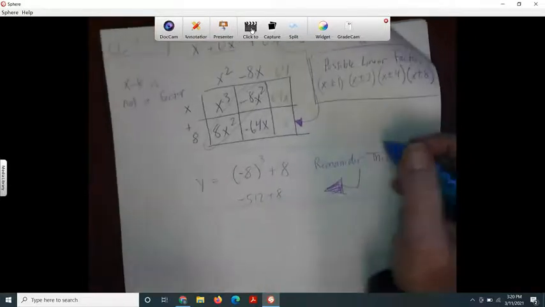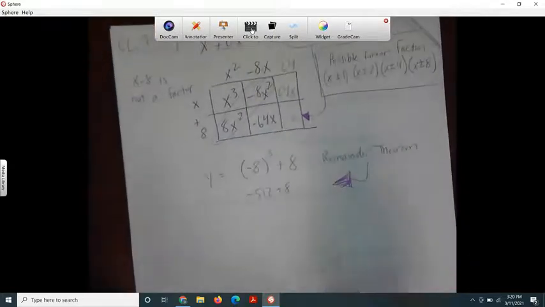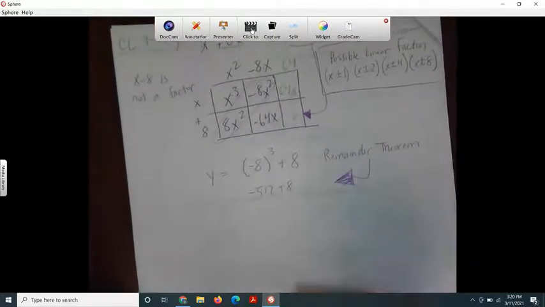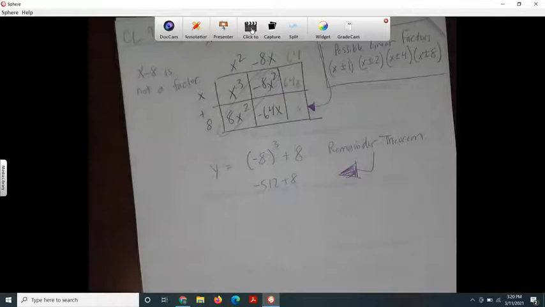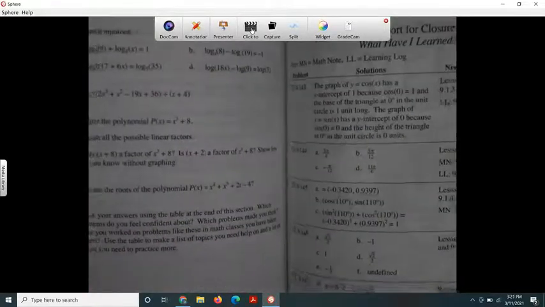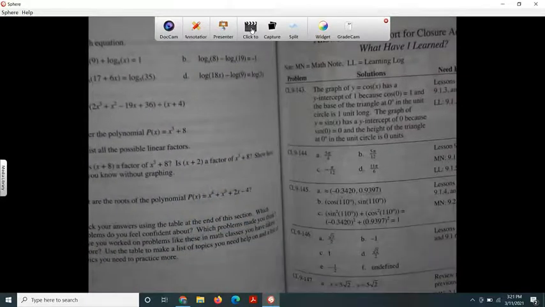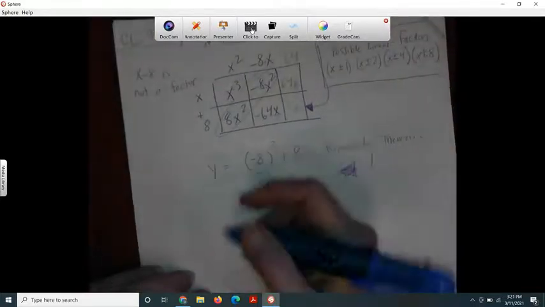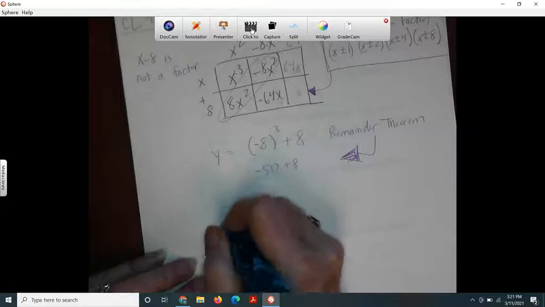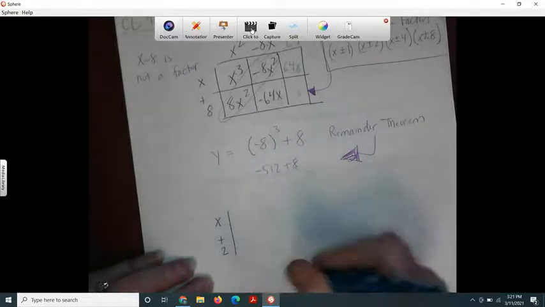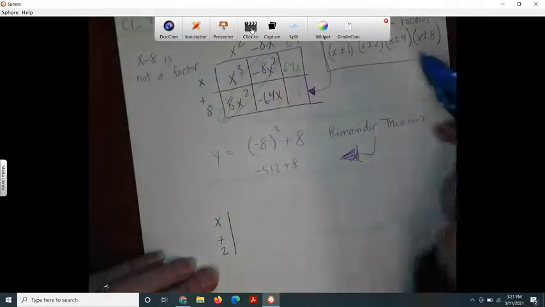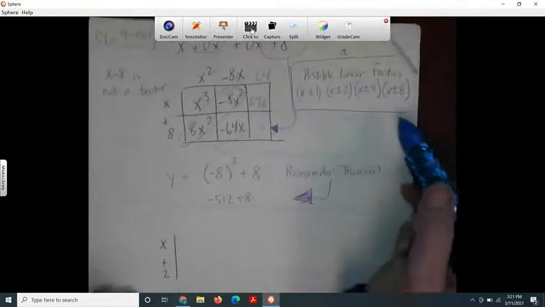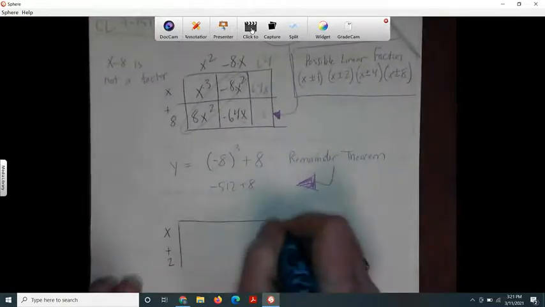it says, is x plus 2 a factor? Show how you know without graphing. So you can't use Desmos. So x plus 2, let's check that. X plus 2 and x plus 8 were both on our list of possible factors. So we'll see. So remember, it has to be x cubed plus 0x squared plus 0x plus 8.